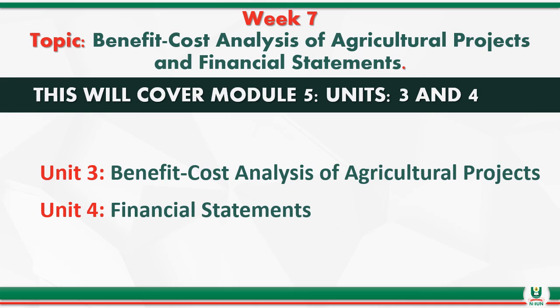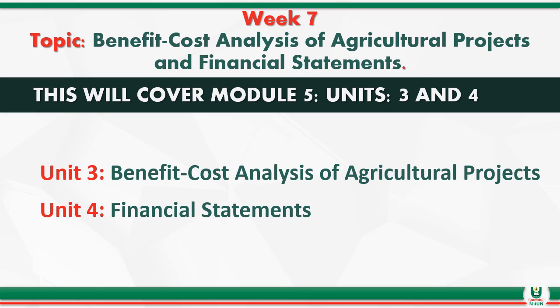Here we'll talk about agricultural production, the gross value of production, and we'll also discuss the net value of production. And then under secondary, we'll talk about intangible benefits, which we'll be able to discuss.